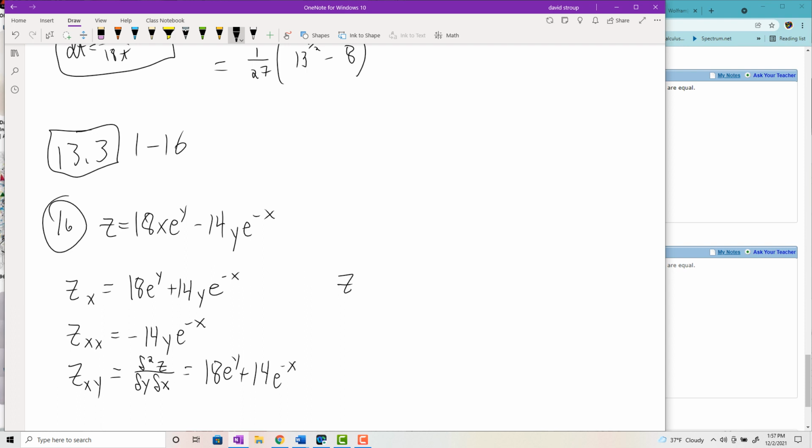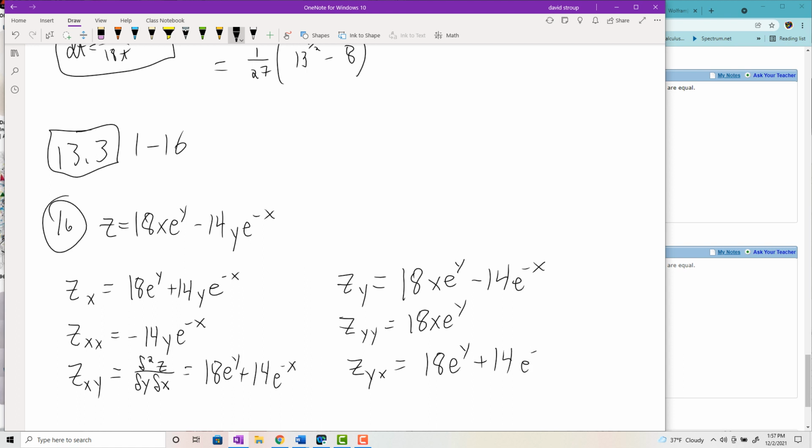So z with respect to y is going to be 18x e to the y minus 14 e to the negative x. Zyy is going to be 18x e to the y, and then zy first, then x will be 18 e to the y plus 14 e to the negative x.